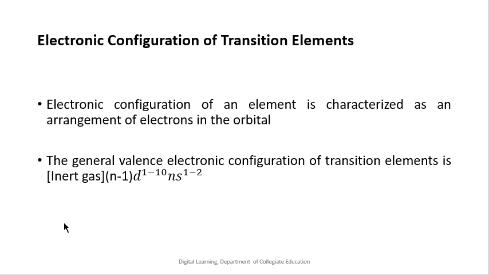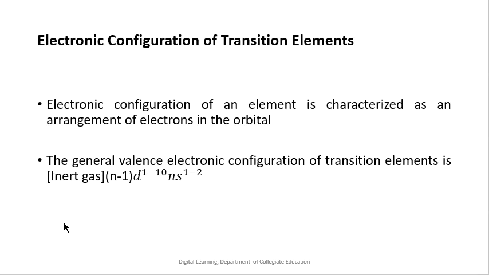The next property of transition elements to be included in this session is the electronic configuration of transition elements. The electronic configuration of an element is a property characterized as the arrangement of electrons in the orbitals.